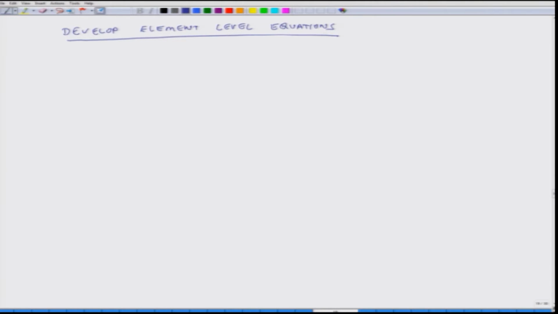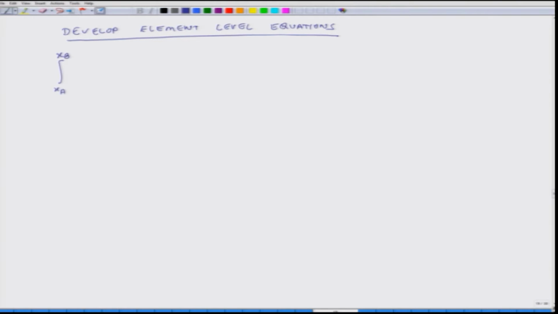So, what we had seen was our original equation, the second order boundary value problem equation, which we are going to develop, is this.